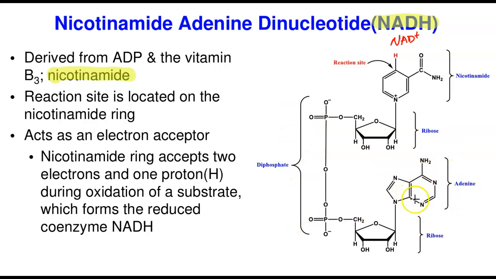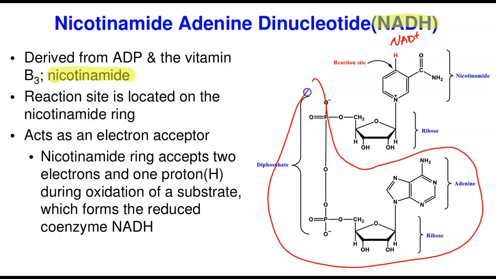is the ADP. And then it is connected to another ribose. It is this ribose that connects to the nicotinamide ring. The nicotinamide ring, fortunately, is the point of the reaction site. So the reaction site is located at the nicotinamide ring at this point. And what does it do?